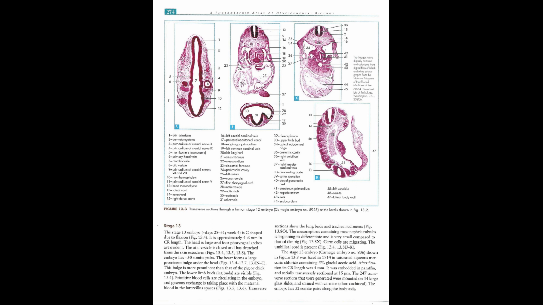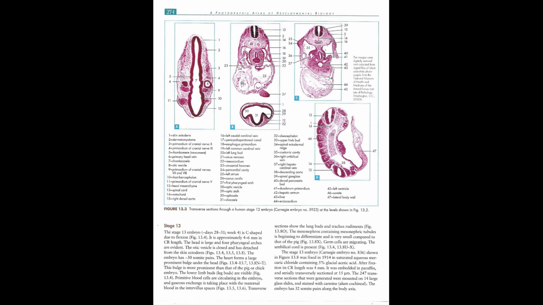Stage 13. The stage 13 embryo, days 28 to 31, week 4, is C-shaped due to flexion, Fig 13.4. It is approximately 4 to 6 mm in CR length. The head is large and 4 pharyngeal arches are evident. The otic vesicle is closed and has detached from the skin ectoderm, Figs 13.4, 13.5, 13.8.